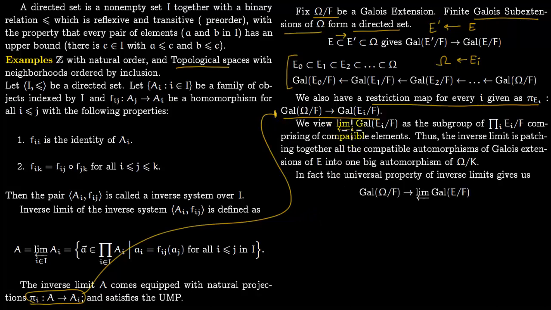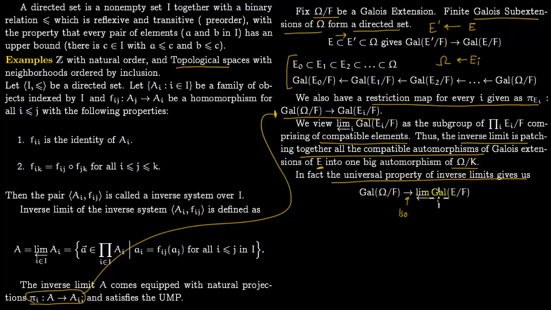You can view this inverse limit as a subgroup of the product of all these Galois groups. These elements are like a vector, and it consists of compatible elements, just like in p-adic numbers. So the inverse limit is simply patching together all the compatible automorphisms of the Galois extensions of E into one big automorphism, like this, omega over k. The universal property of inverse limits will give us that this is nothing but an isomorphism.